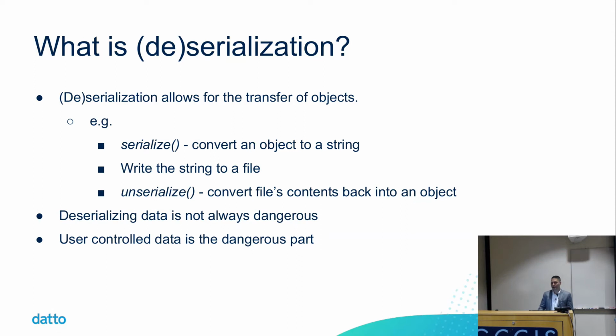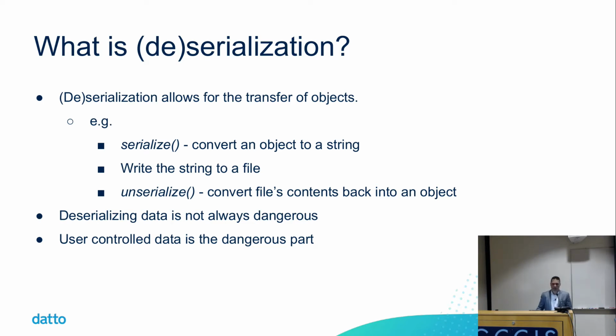Here's one of the pieces that's the heart of this type of attack. It all comes down to serialization and deserialization. What this allows us to do is transfer objects between an object and a string, and it simplifies things so you can do them a lot faster than you would otherwise.